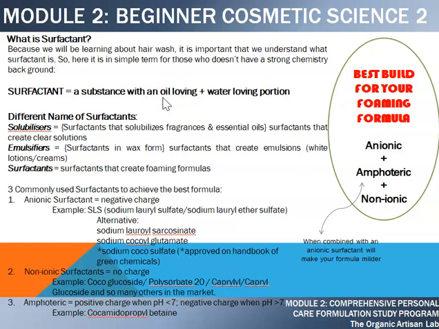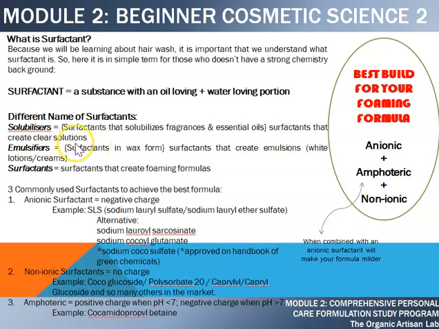Now, there are different names of surfactants, and we as cosmetic scientists or cosmetic chemists call surfactants based on what they do, what their purpose is. So we have solubilizers, and that is one surfactant that we used when we did our module 1, isn't it? Because we use solubilizers for creating our toner or mist.